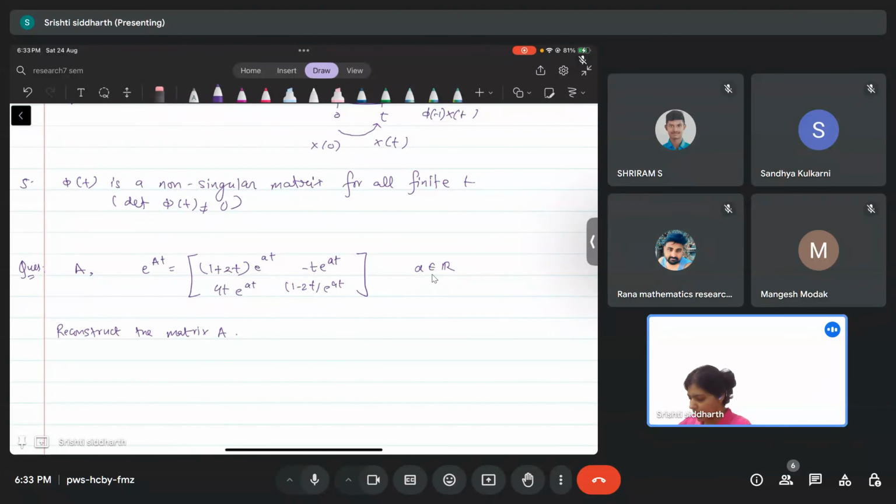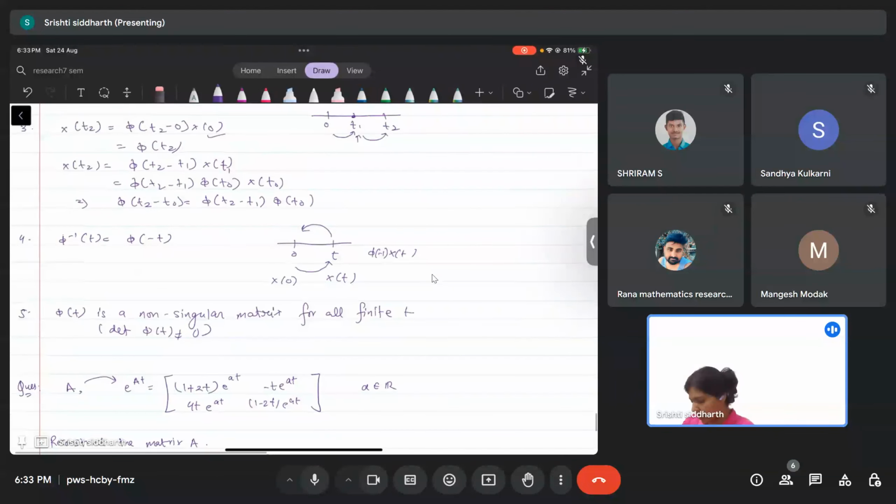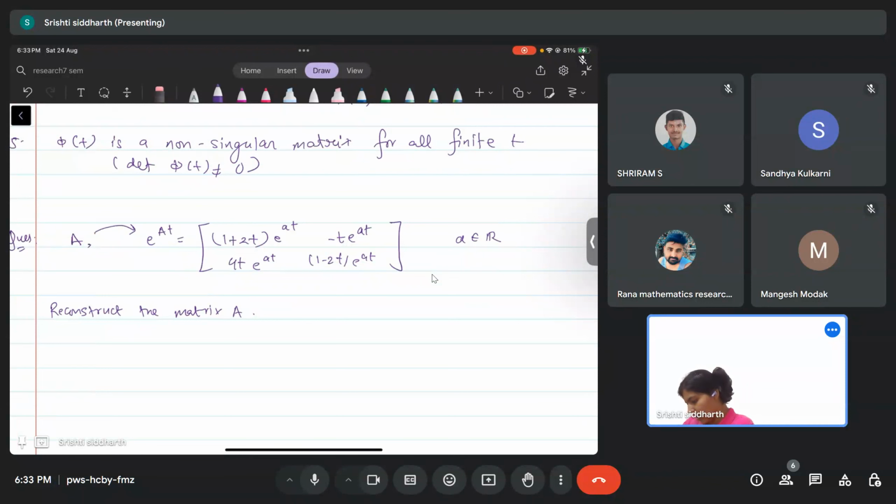So it's given that there is a matrix A and its state transition matrix is e to the power At. So then what are the properties of the state transition matrix? At time 0 it should be identity, right? So it's a very important property. You'll see here how we can use that to construct A. So e to the power A times 0 is 1, 0, 0 and 1.